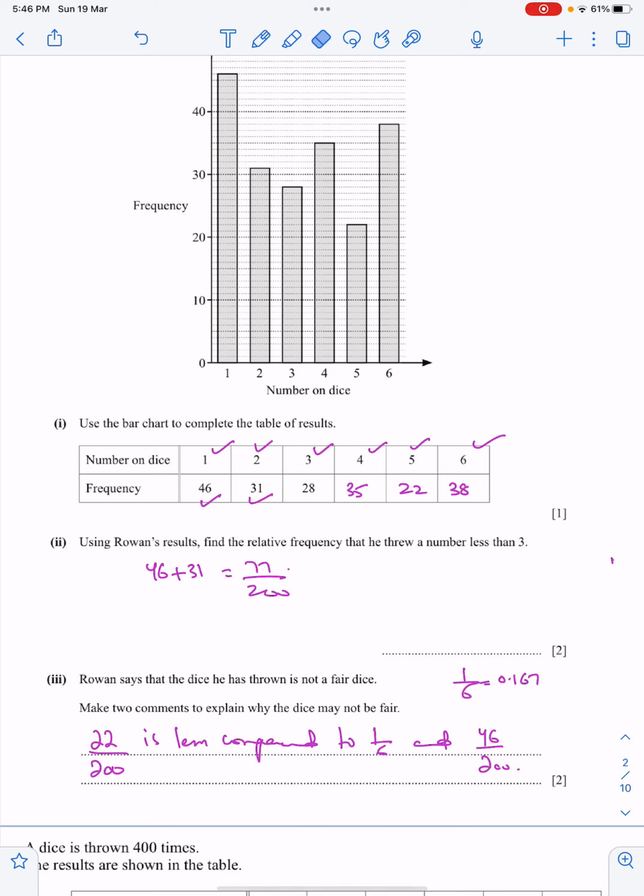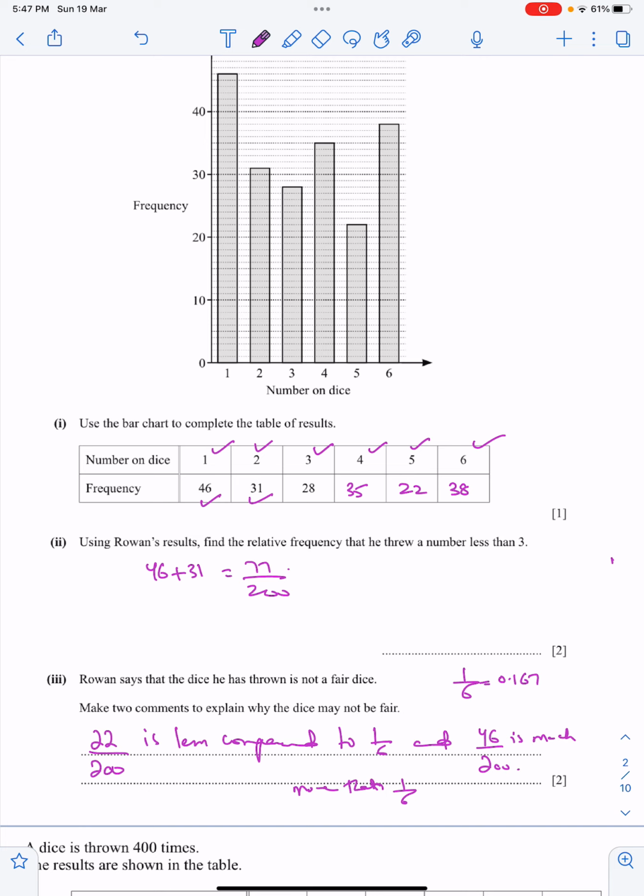So you can write that 46 upon 200 is much more than 1 upon 6. The frequencies are not even close to 0.16; one is very high and the other one is very low. If you are throwing it 200 times, every single number will not come exactly the same.